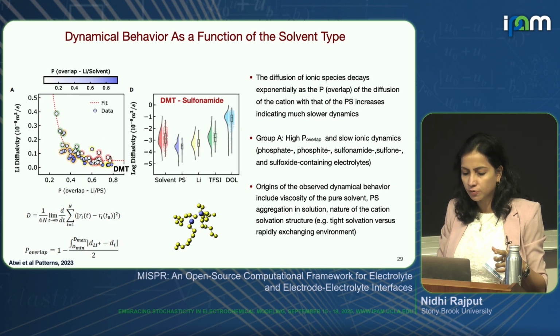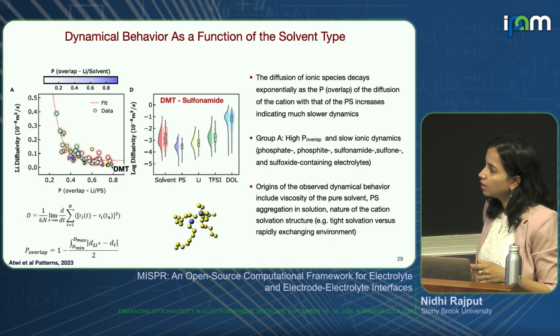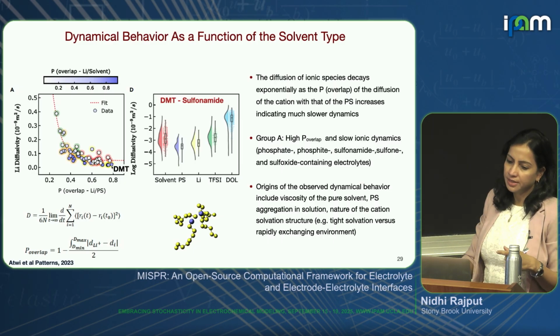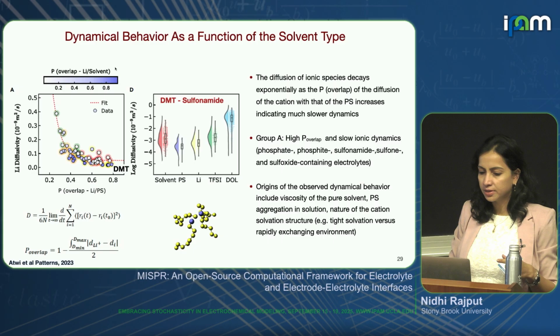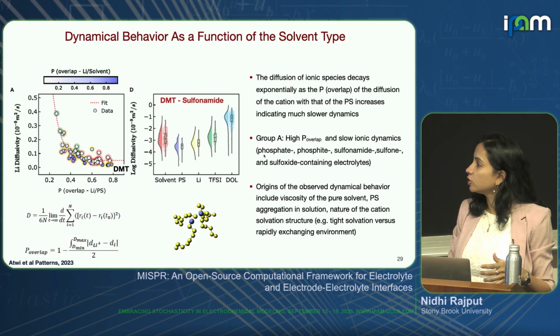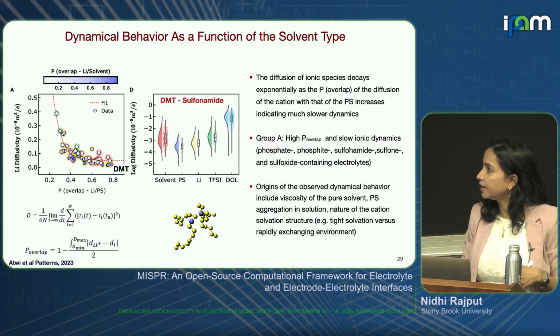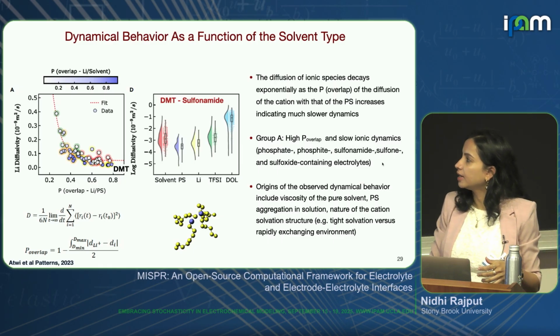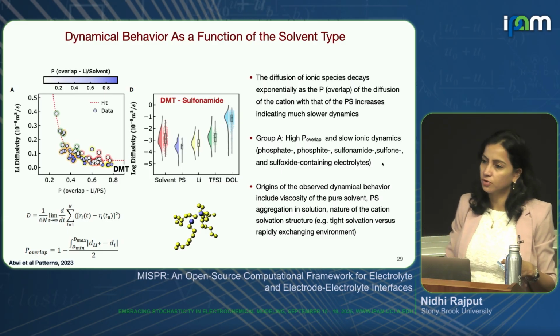I'll show an example of group A, the yellow boundary, where we see high P overlap for lithium and polysulfide as well as for lithium and solvent. These are the chemical classes which contain phosphate, phosphide, sulfonamide, sulfones, and sulfoxide electrolytes.